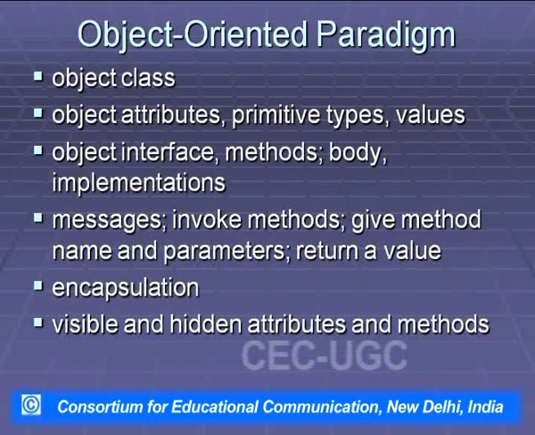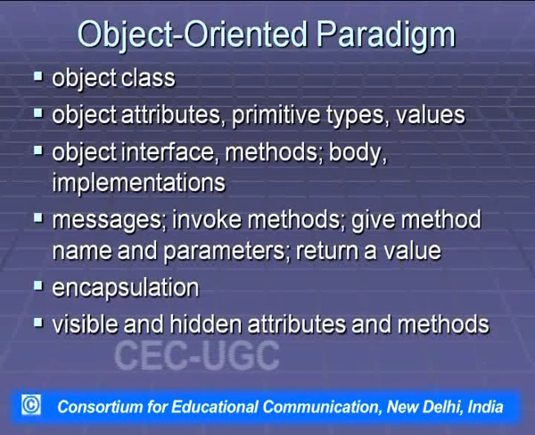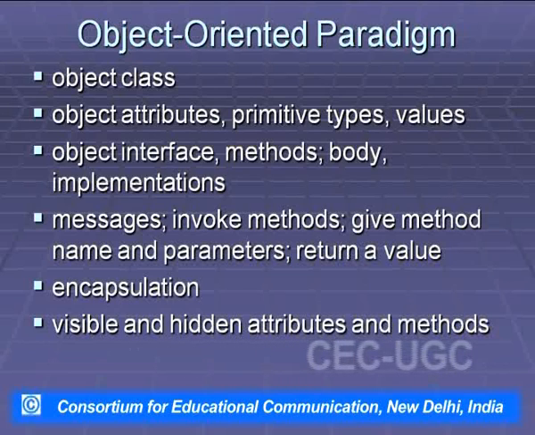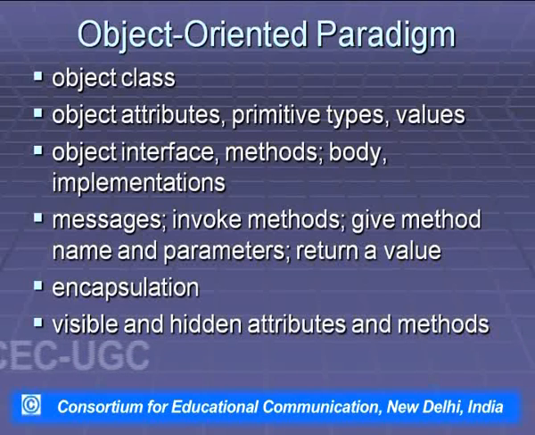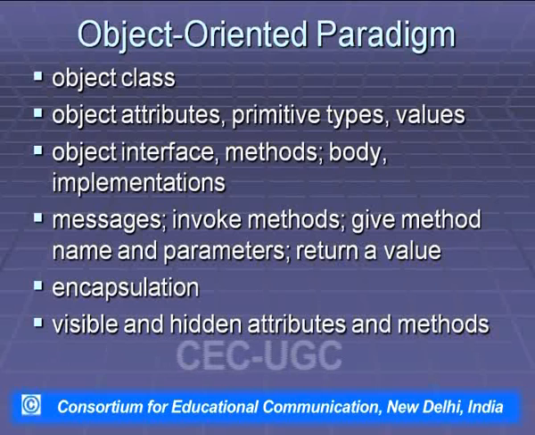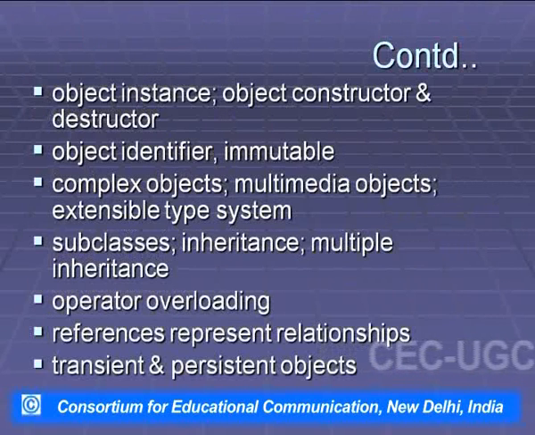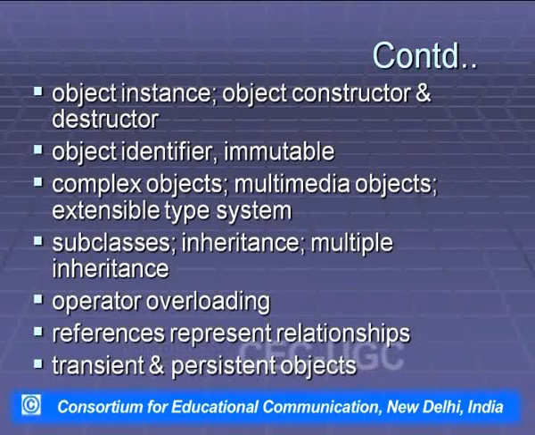Messages invoke methods, give the method name and parameters, and return a value. Encapsulation, which is a very important feature, visible and hidden attributes and methods. Object instance, object constructors and destructors. Object identifier, immutable.